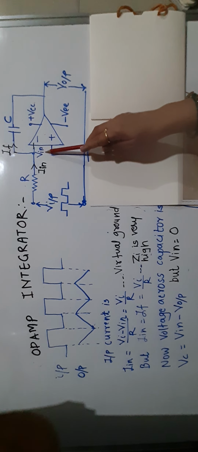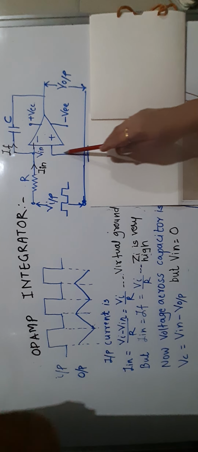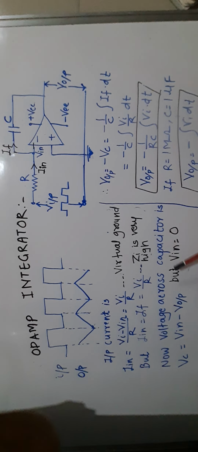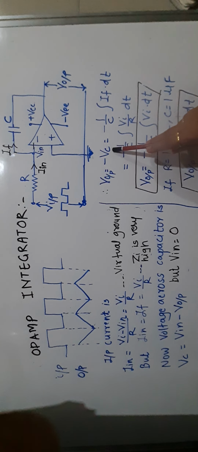Due to the virtual ground property, we can write Vin equal to 0, because this terminal is grounded. So as Vin is 0, we can write Vc equal to minus Vout, or Vout equal to minus Vc, because we want the expression for output voltage. So we got the equation Vout equal to minus Vc.